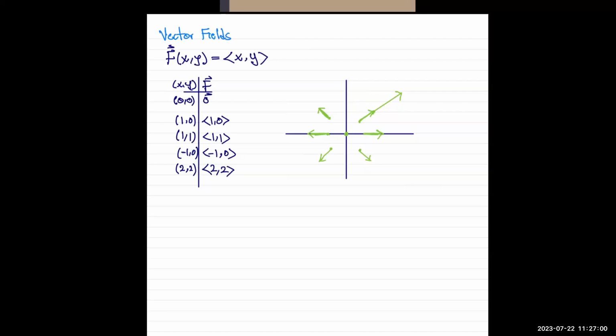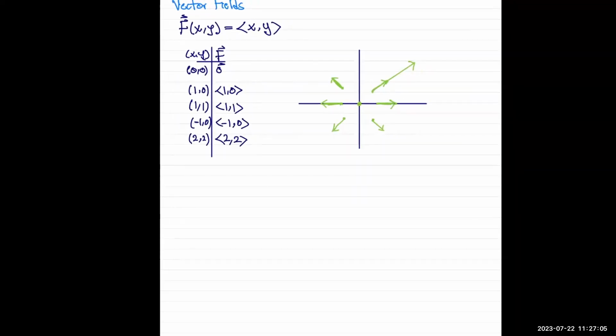The magnitude of this vector field is the square root of, just square these and add them, and that gives you the square root of x squared plus y squared. So as x and y increase, the magnitude of the vector field gets big. As you go away from the center, you're looking at vectors that get larger in magnitude.